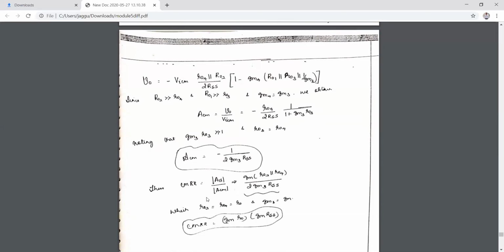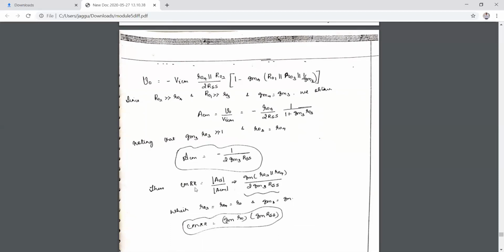Since you impose a condition that R02 is greater than R04 and R01, the output resistance is much greater than the finite output resistance, and the transconductances are equal. So the common mode gain can be written, taking VICM to the left hand side, as minus R04 divided by 2 RSS into 1 by Gm plus Gm3. This is much simplified by taking R03 equal to R04, so ACM is equal to minus 1 by 2 Gm3 into RSS.